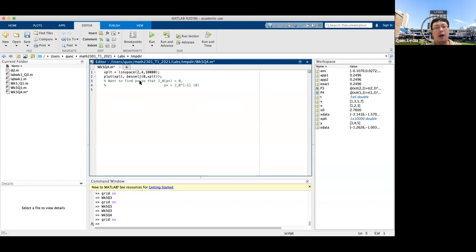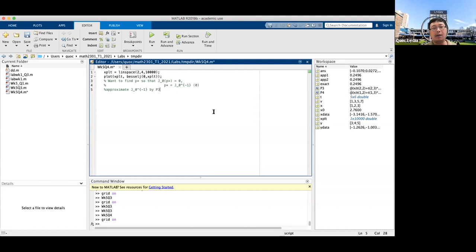And now, how do I find J0 inverse? Well, I don't know, right? But I can try to approximate J0 inverse by a polynomial.